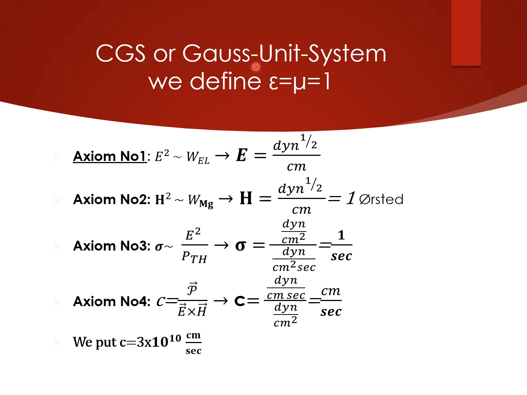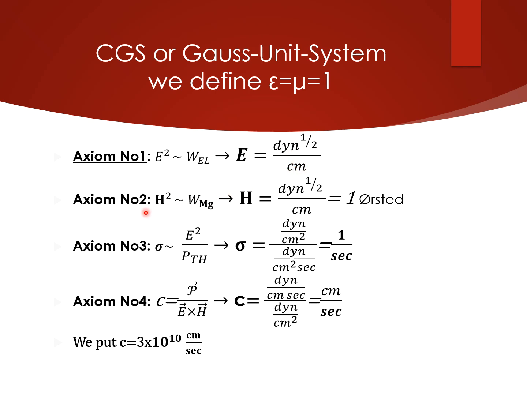Now, in the Gauss unit system, we define epsilon equals mu equals 1, and from axiom number 1, we can deduce the unit of the electric strength, which is analogous to W electrical. That means it is equal to D square over centimeter.